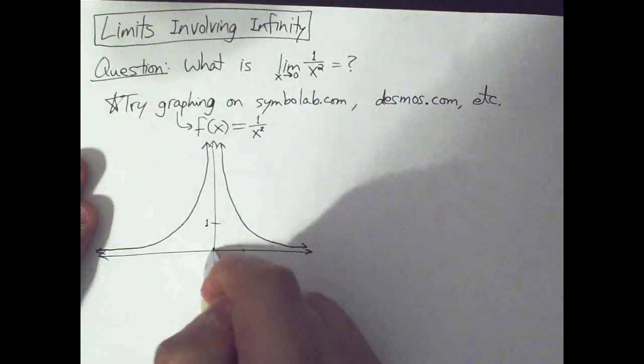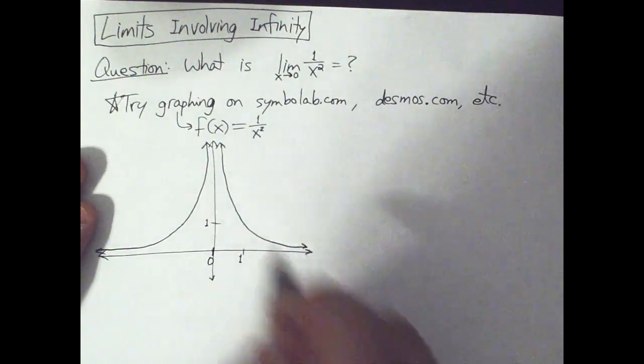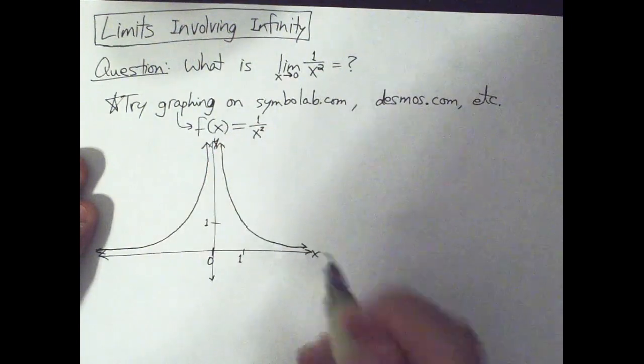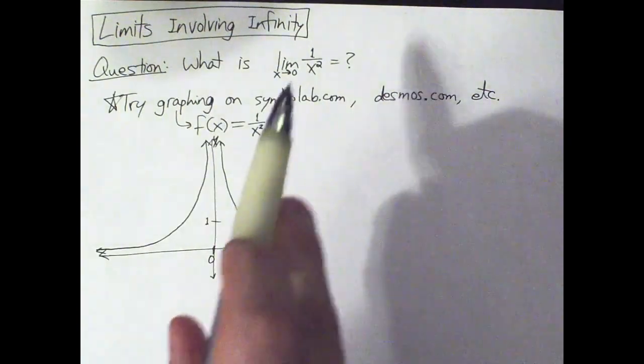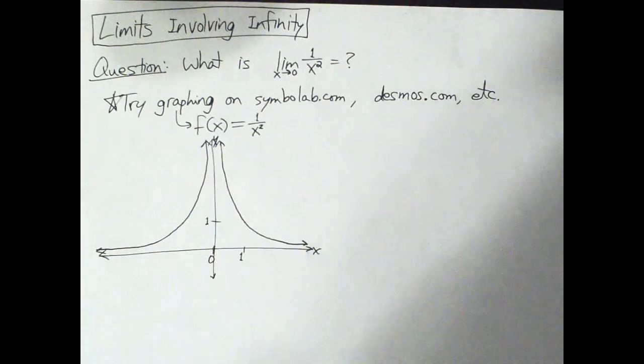Here's 0. Here's the y-axis. Here's the x-axis. Okay. So we want to talk about what happens as x approaches 0. And since it's a limit without the one-sided notation, this means we're approaching from the left or the right.